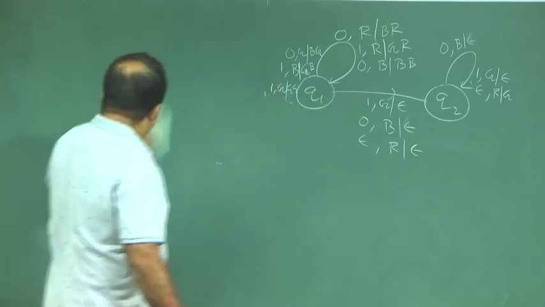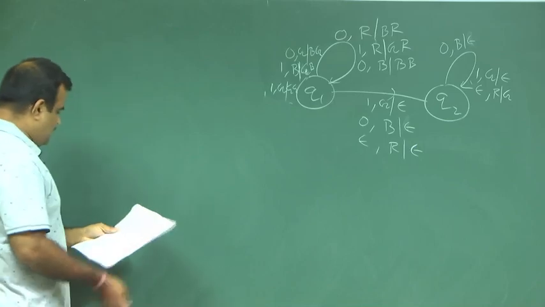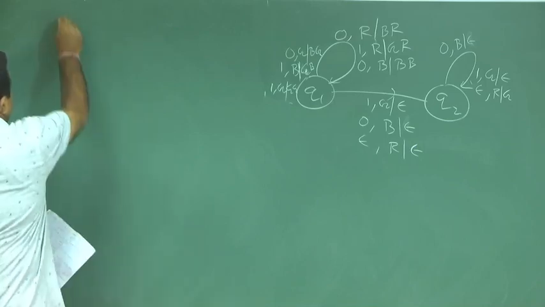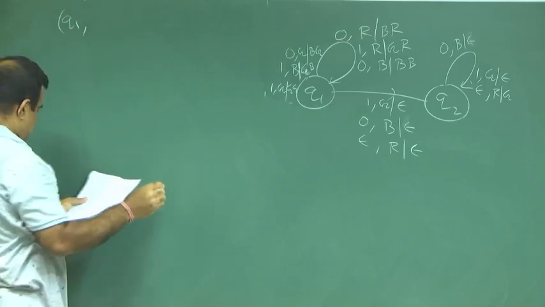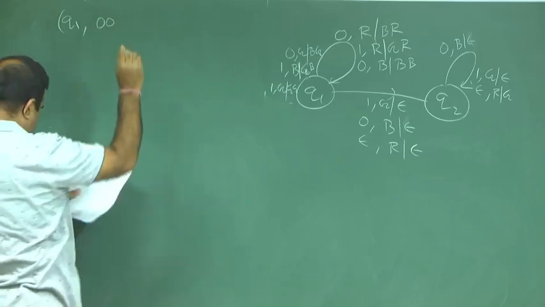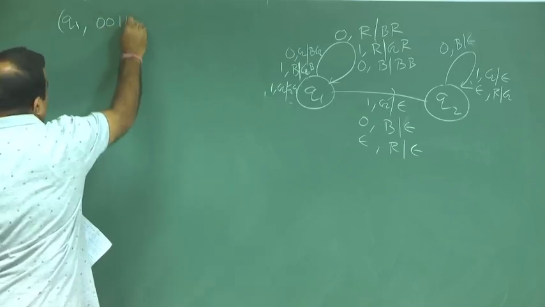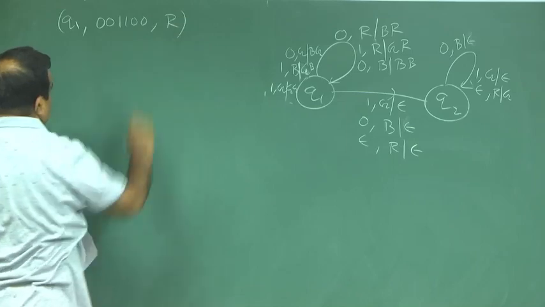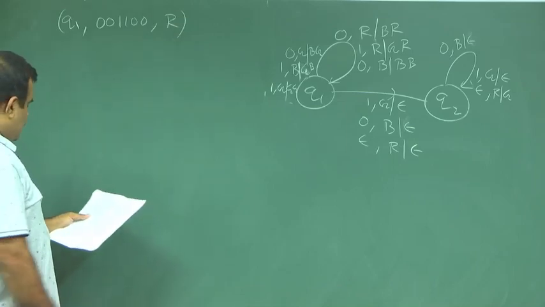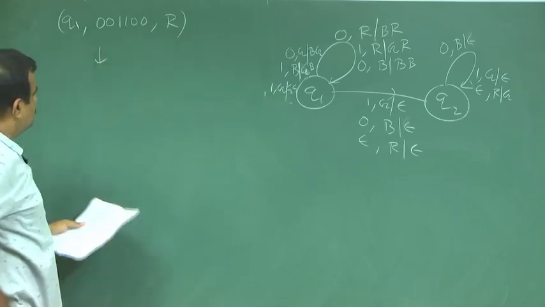Okay, so let us try to draw that. Initially we are at the initial ID Q1, with the input 0 0 1 1 0 0, and initially our stack is R. So, where is it going?